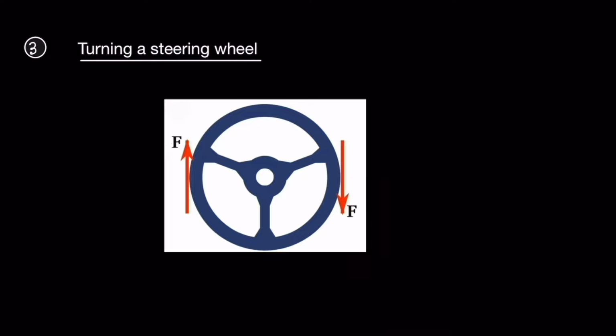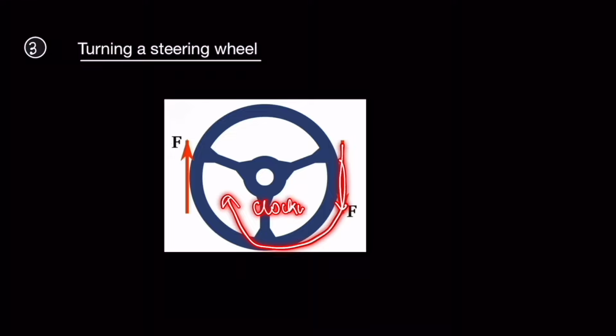But always remember one thing, both the forces will follow the same sense of rotation. Same sense of rotation means, as you see, this force is acting upward, but it goes in this way, so it is clockwise. Similarly, if I apply the force in this way, it is also going clockwise.